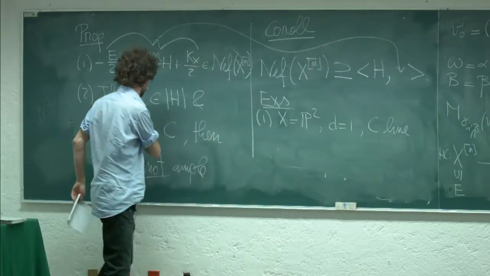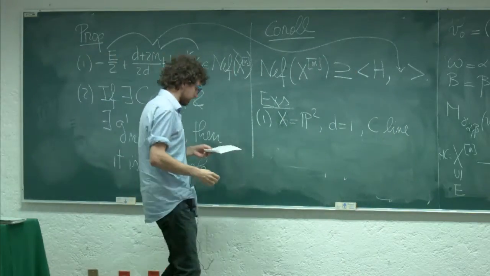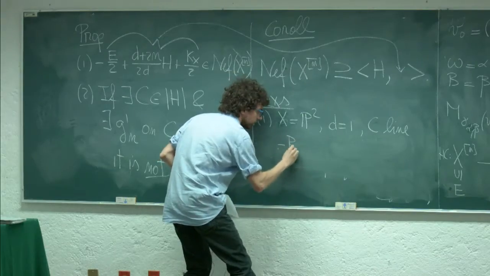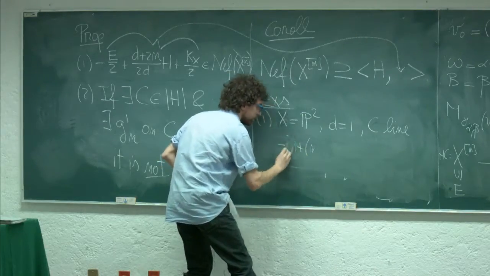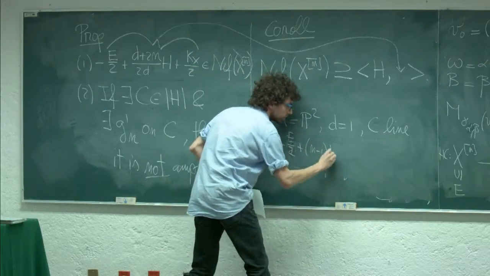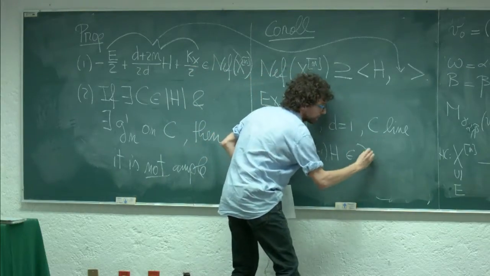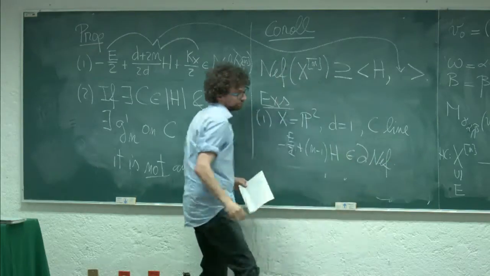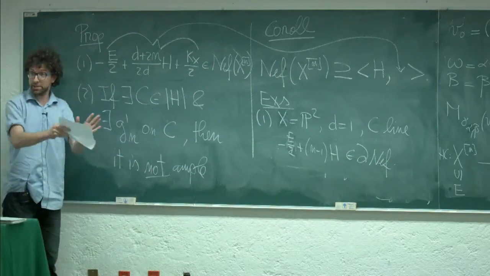So I know there is a g^1_n. And so what it means is that minus E plus (n minus 1) H is in the boundary of the nef cone. Okay, so that's the description of the nef cone.